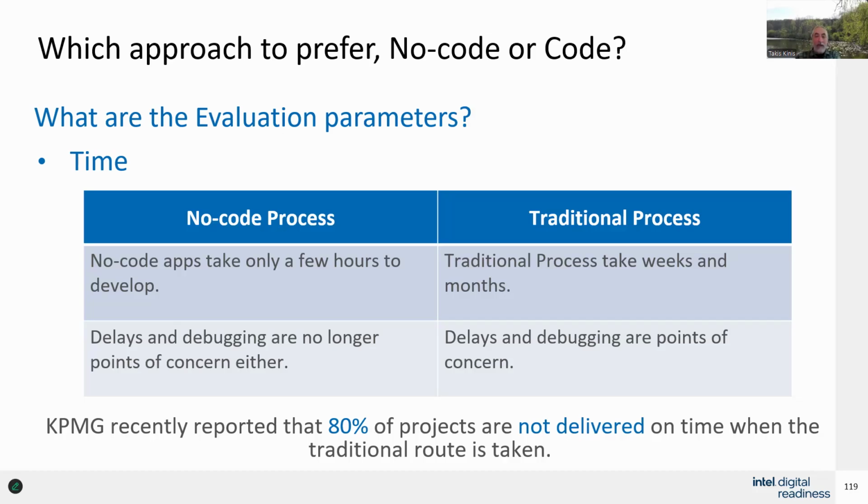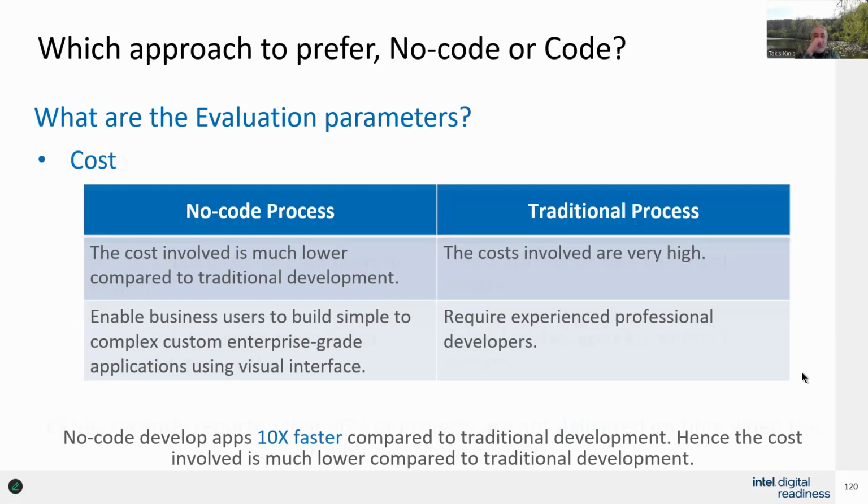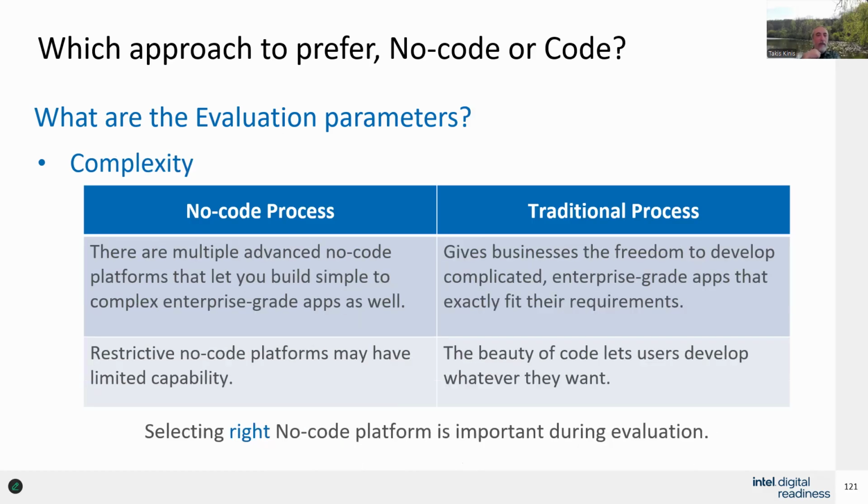Interesting. Okay. So people always underestimate how long it's going to take. No code, bullet at the bottom here, 10 times faster compared to traditional development. That might be a big enough selling point for most companies, especially new ones, to use that approach.